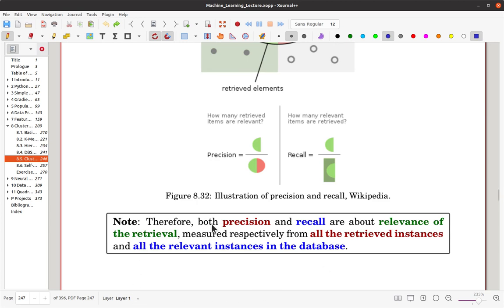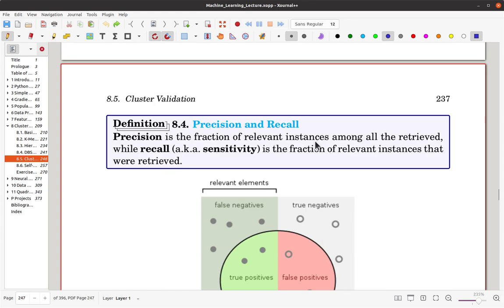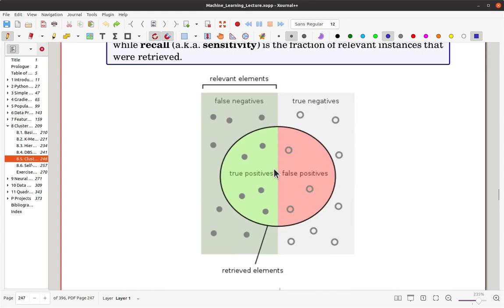Therefore, both precision and recall are about relevance of the retrieval, measured respectively from all the retrieved instances and all the relevant instances in the database. So along with this note, you can understand the precision and recall more precisely.